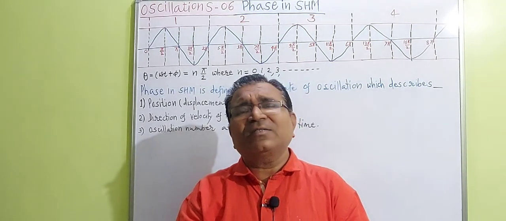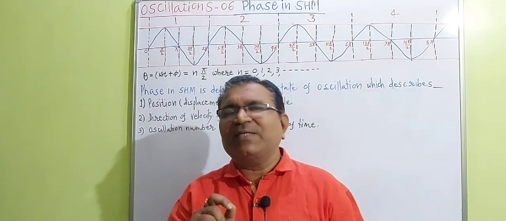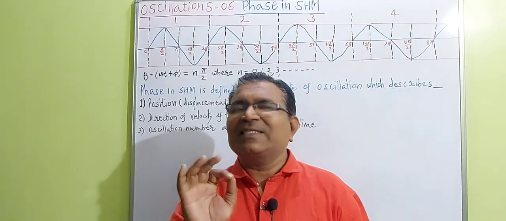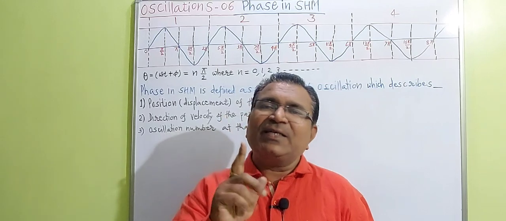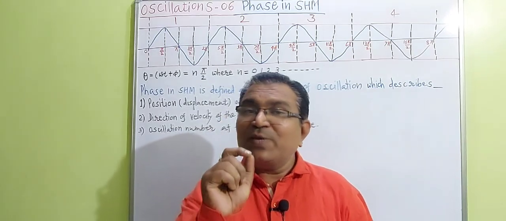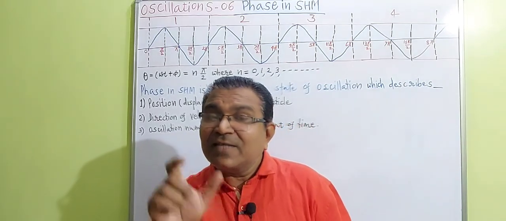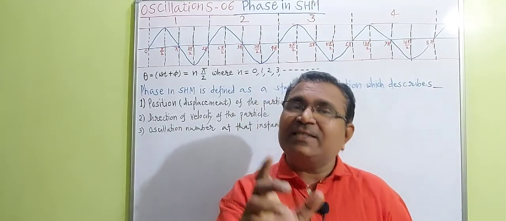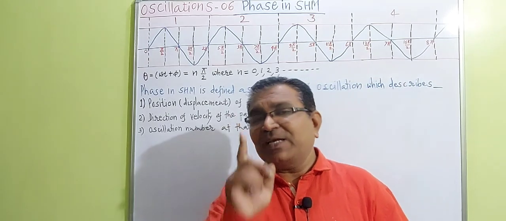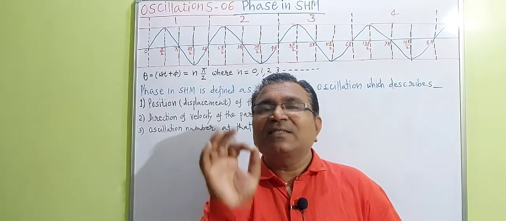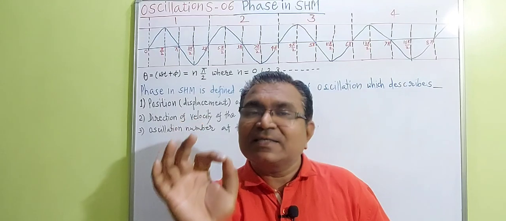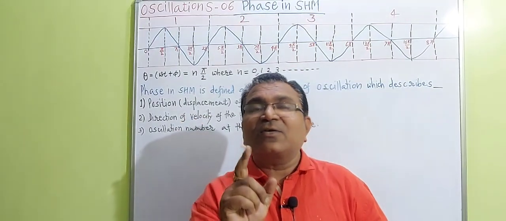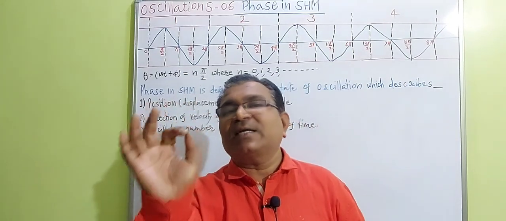We know the equation of displacement of SHM is given by the formula x is equal to capital A sine of omega t plus phi. That omega t plus phi we call the phase angle, and that phase angle is also called the phase in SHM, while that phi is called the initial phase angle.